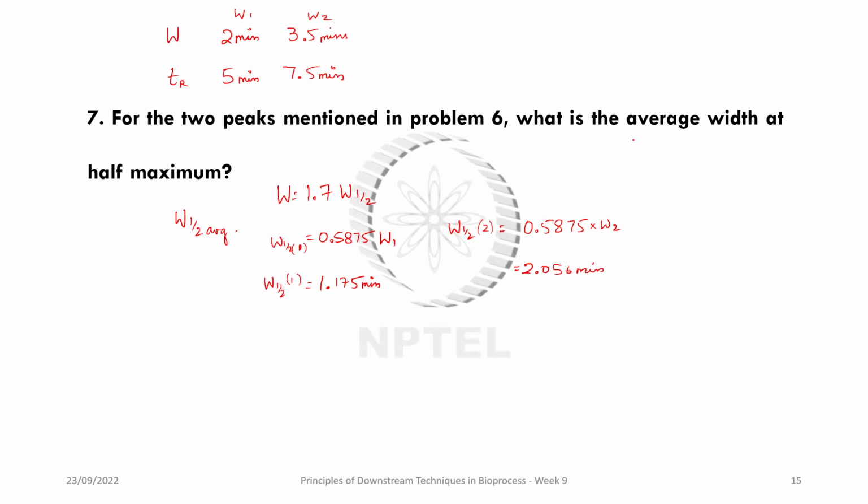So they've just asked average width at half maximum. So what will be the average? W half of 1 plus W half of 2 by 2, right? So I'll be having 1.175 plus 2.056 by 2.